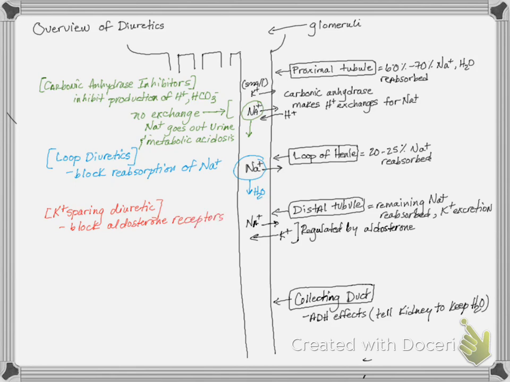So that means sodium is going to go out in urine, and potassium is going to stay inside circulation in the blood. So it's going to keep potassium in the blood.